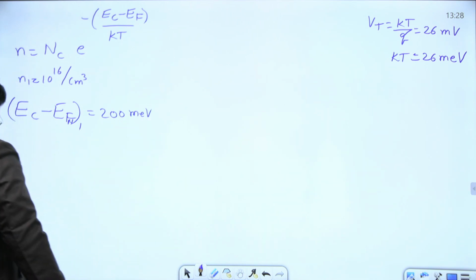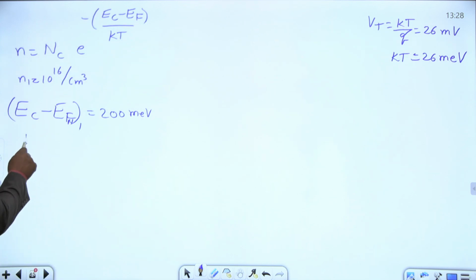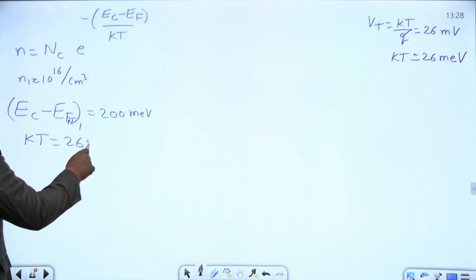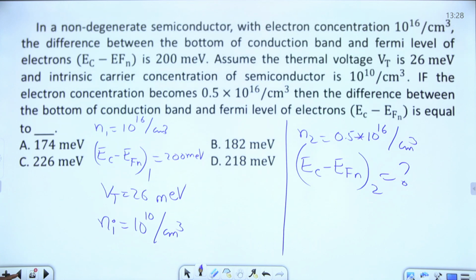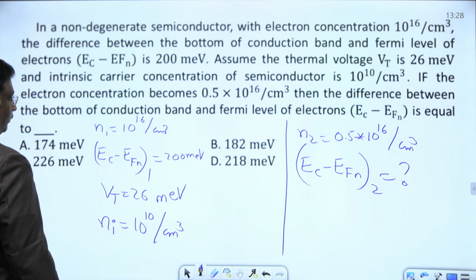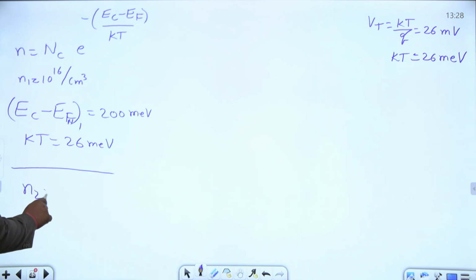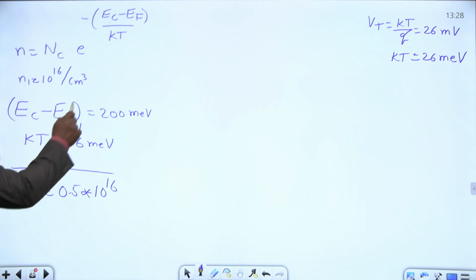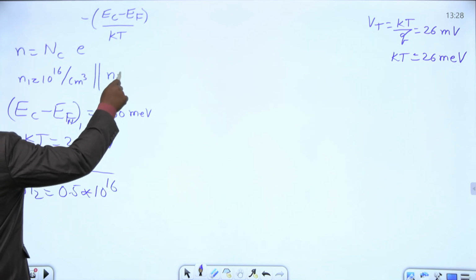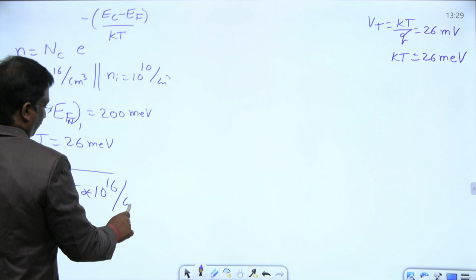Kt is 26 milli electron volts, and they are asking us to determine N2. N2 equals 0.5 into 10 power 16, and Ni is given as 10 power 10 per centimeter cube.